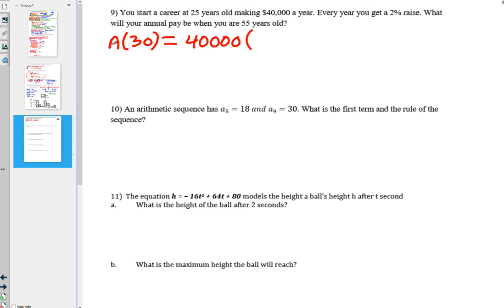If you're getting a 2% raise every year, then it's 1.02 is your growth factor to the power of 30 years. Here we're measuring money, so we'll just put it in the calculator and round to the nearest hundredth. And I'm getting 72,454 and 46 cents.